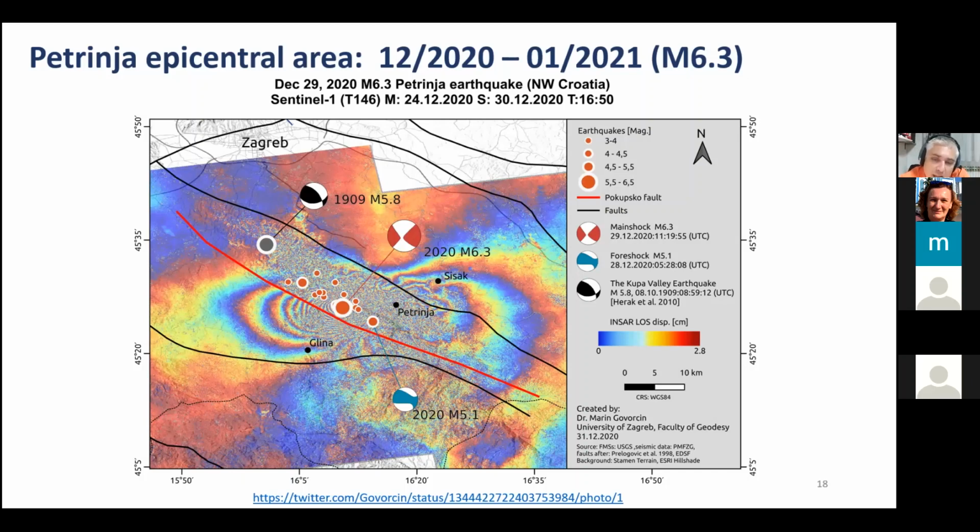What is displayed on this figure? The epicenters are displayed, and of course there is another epicenter, a very interesting and very important one, which took place back in 1905.